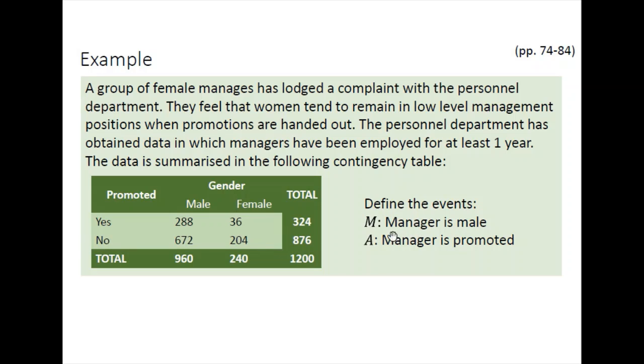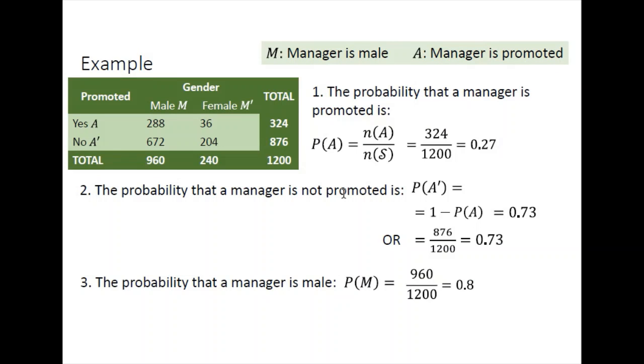So if we define M as the event that manager is male and A as manager is promoted, now we are going to obtain these probabilities.